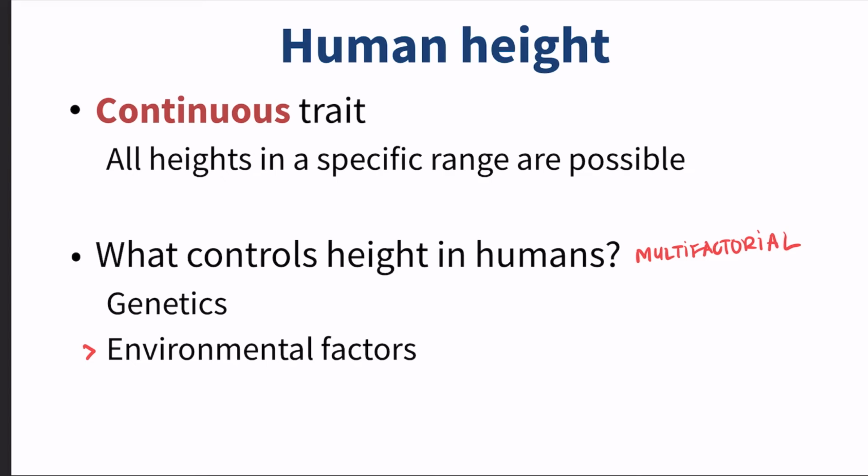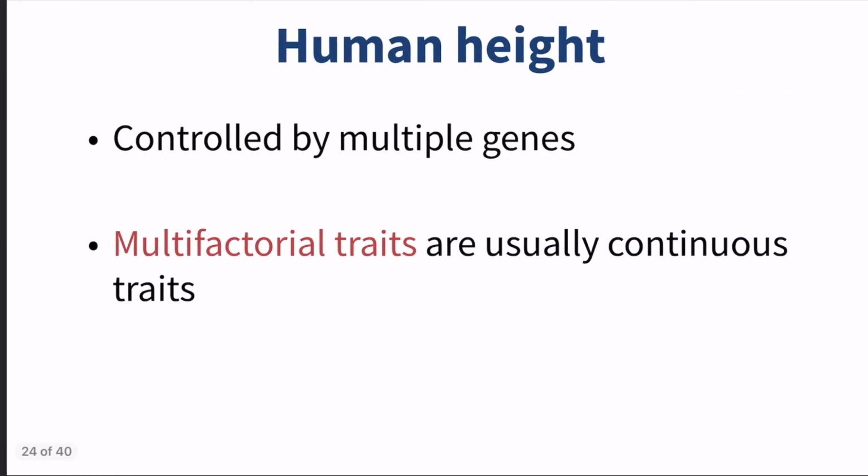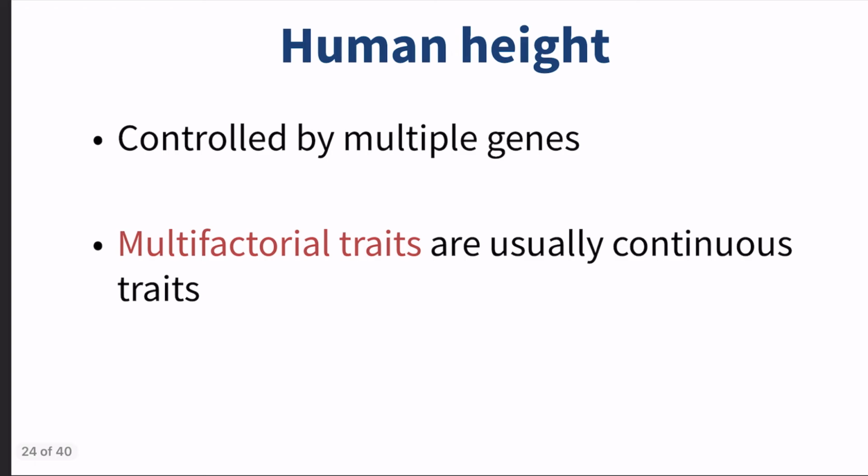A good diet, exercise, proper amounts of sleep. Those are all really important to make sure that a human being is growing as they should be. Human height is an example of a multifactorial trait, and multifactorial traits are usually continuous, and so you're going to have a range.